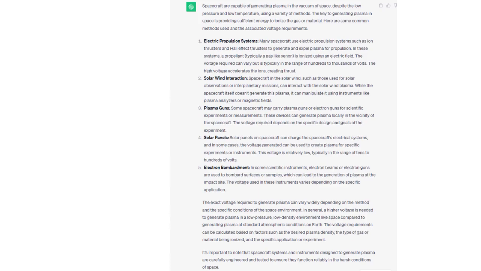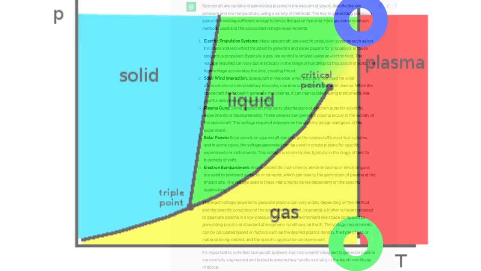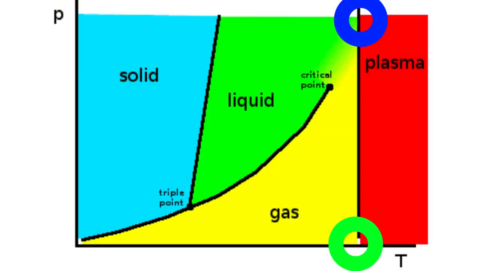I'm sure there's videos and information on that, but it's something worth thinking about, because if it's easier to create plasma with both a higher pressure and a higher temperature, then you have to think about space. The pressure is non-existent, it's a vacuum, and the temperature is freezing. I'm not sure what temperature. I assume freezing.